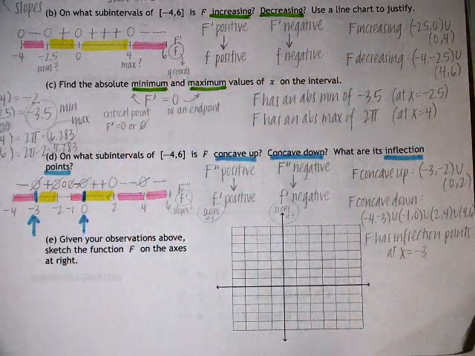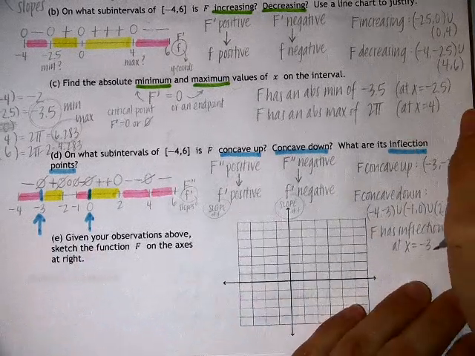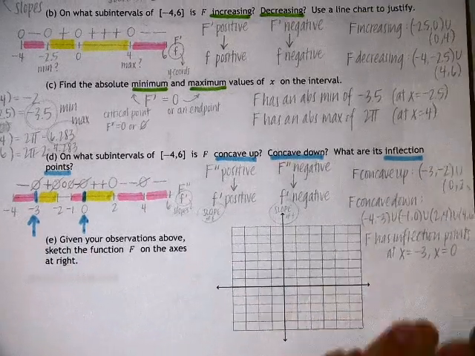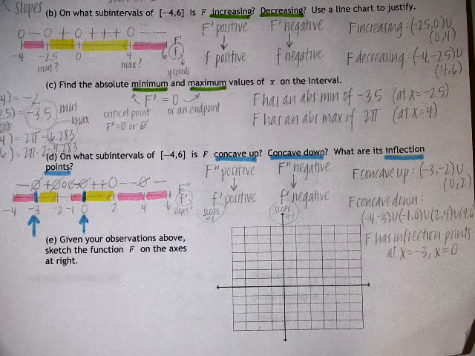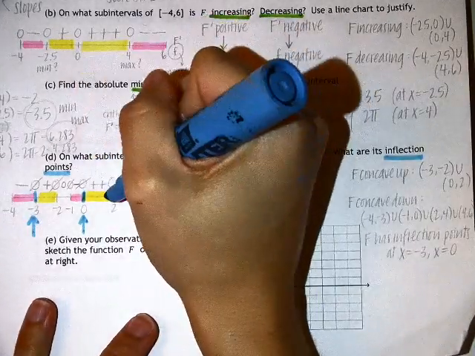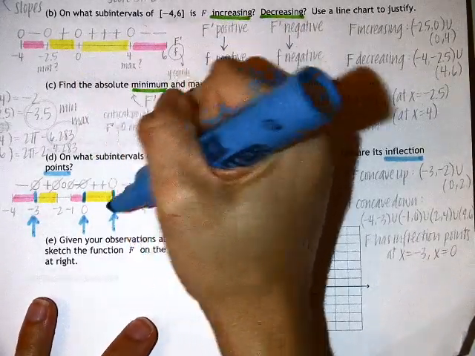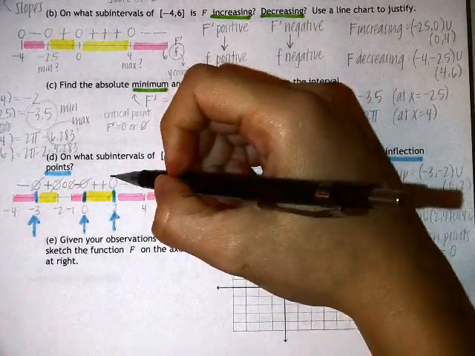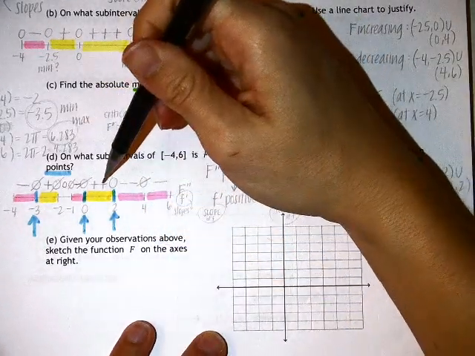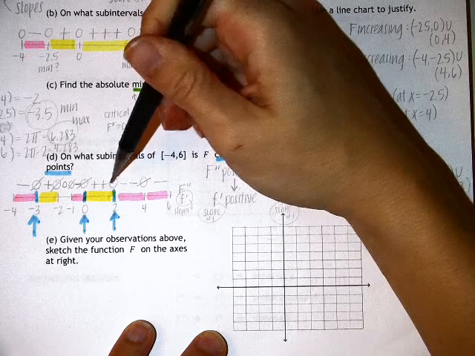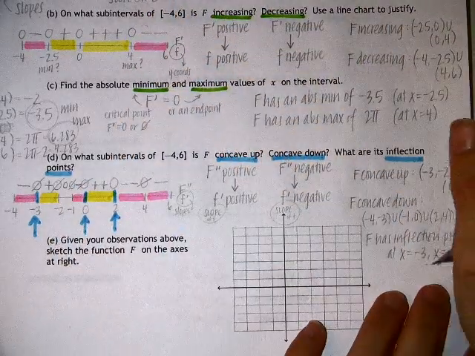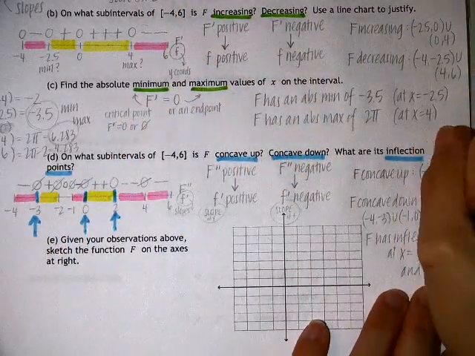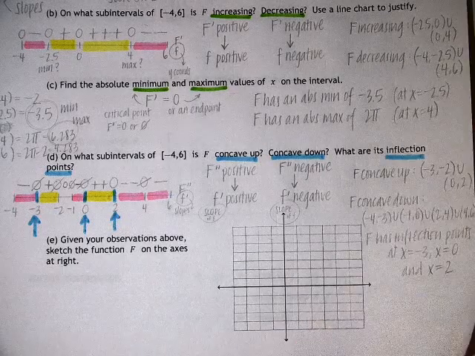That's a full switch in concavity, so that means x equals 0 is another inflection point. And then if I keep looking, I see one more here at 2, because again, I see a full change from positive to negative. That's a full change in concavity, so x equals 2 must be my last inflection point.